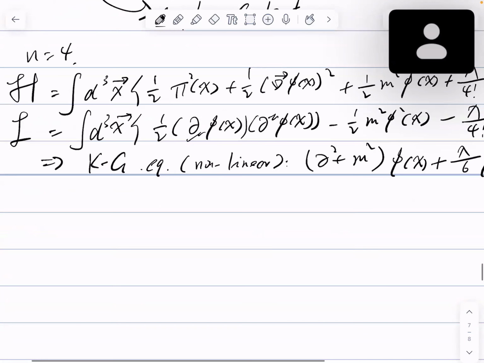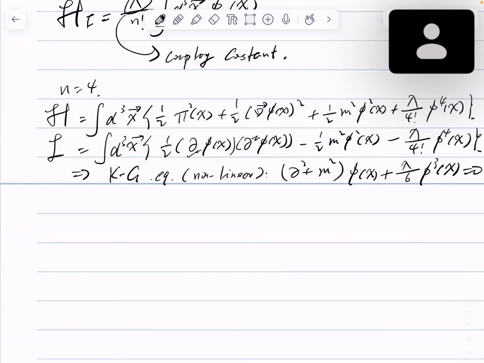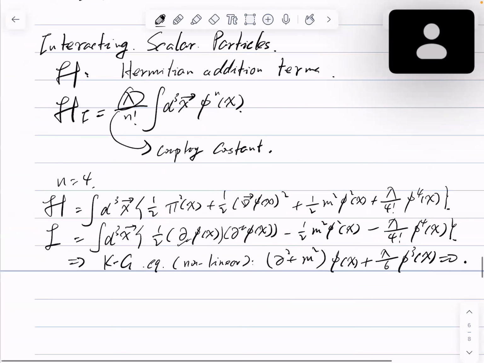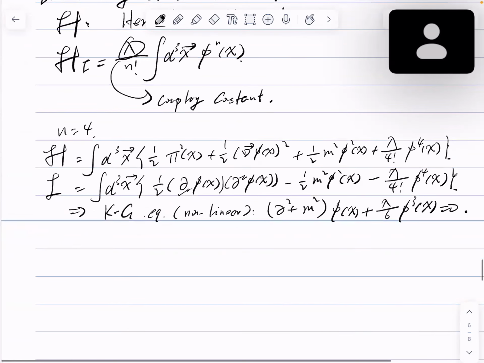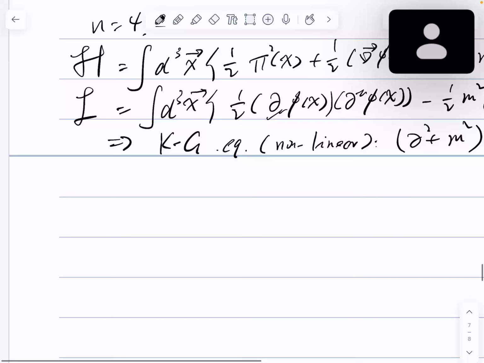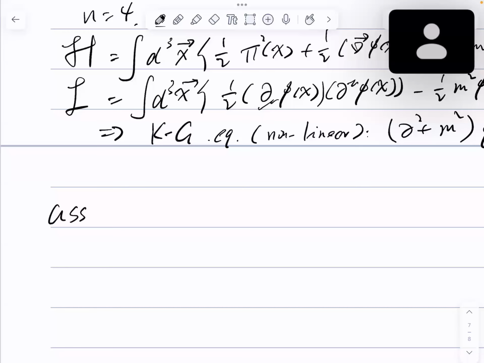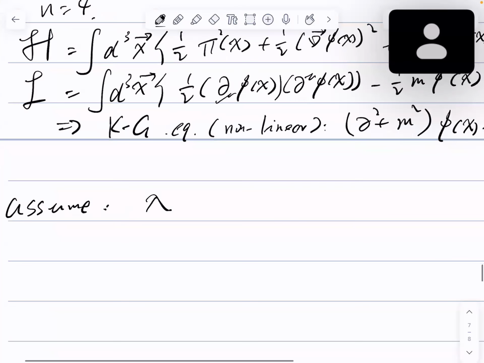Now, how can we deal with such an interacting system? Well, we can build the interacting system from a free field. How can we do it? We assume this coupling constant lambda is slowly time dependent.